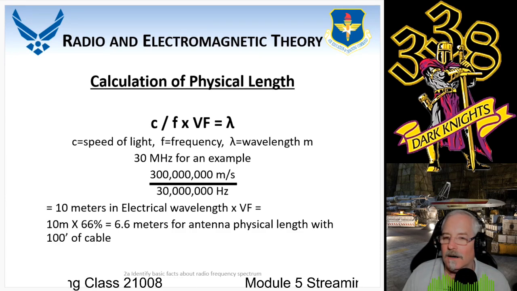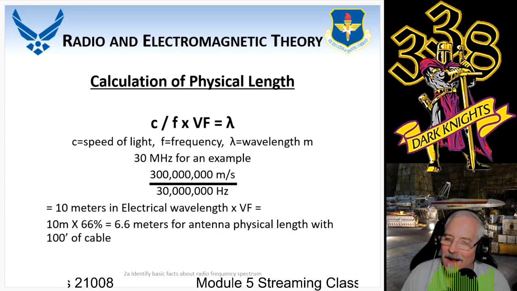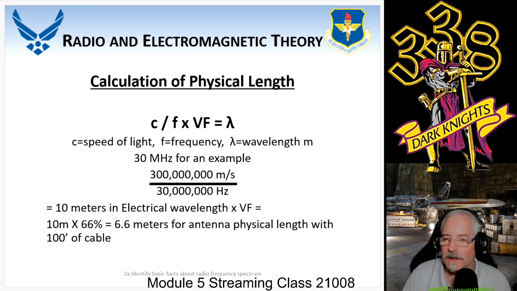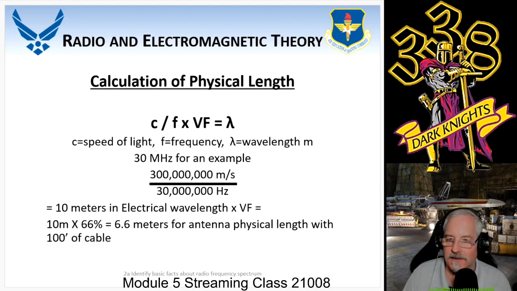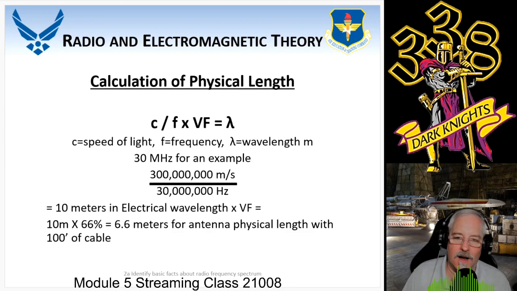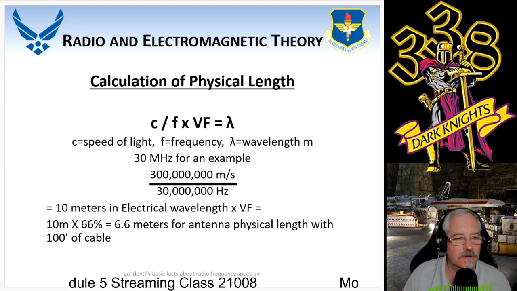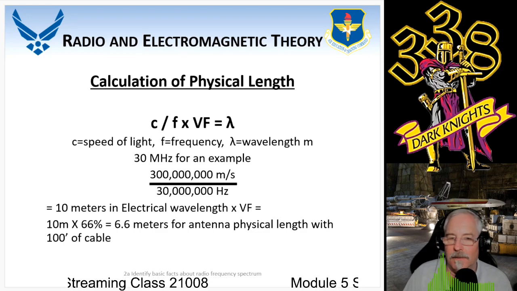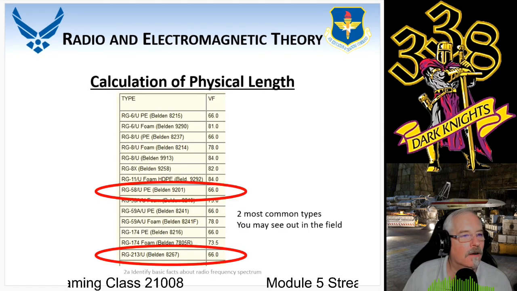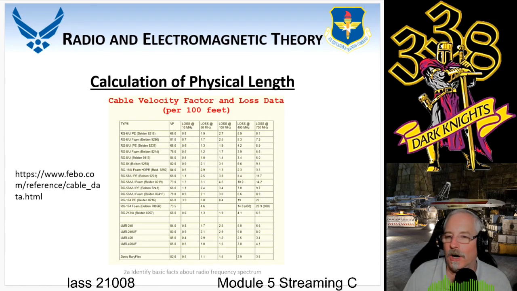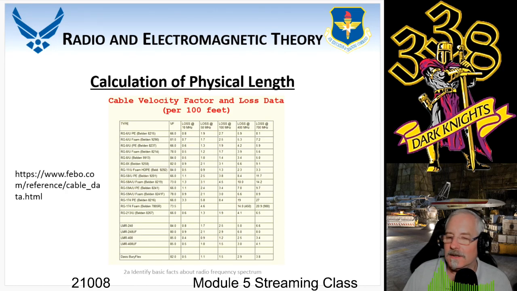So let's get to the calculation on physical length. This is 30 megahertz. We found the electrical wavelength, which is 10 meters. Now I've got to find the velocity factor, which we're going to use either RG213 or the RG58, at 66%. So we take 66% times the 10 meters that we got from our electrical length, and our physical length is with 100 feet of cable, because if you look back on our velocity factor and loss data per 100 feet, you will see it says 100 feet.